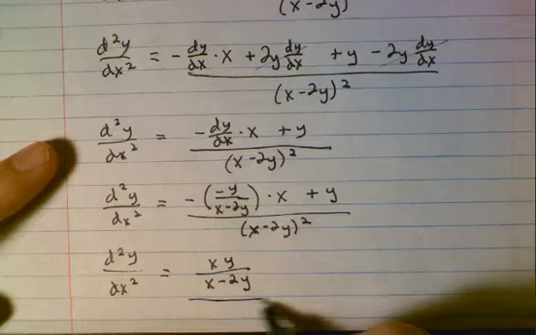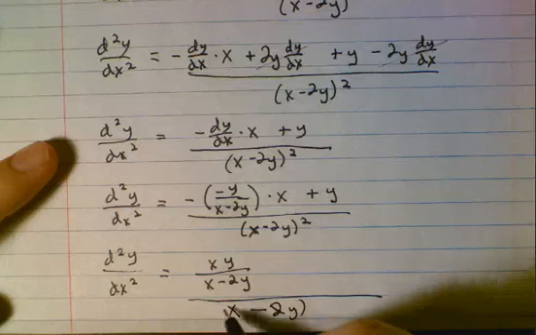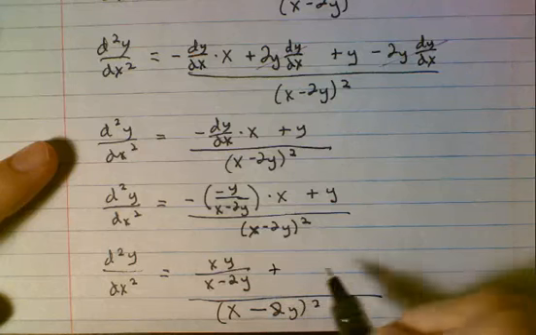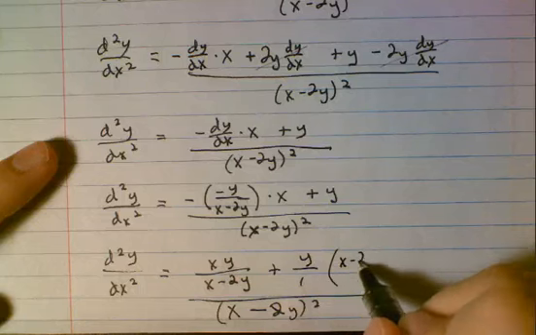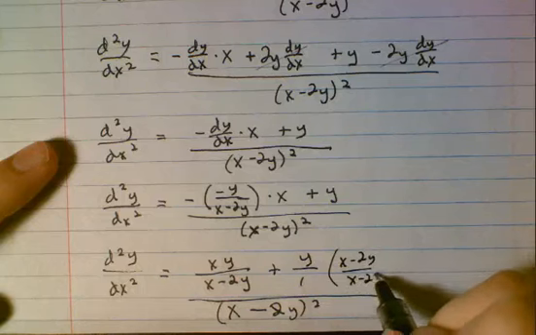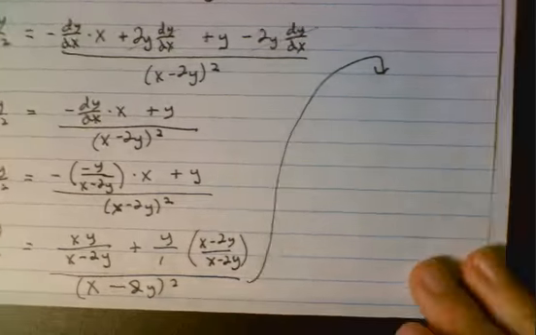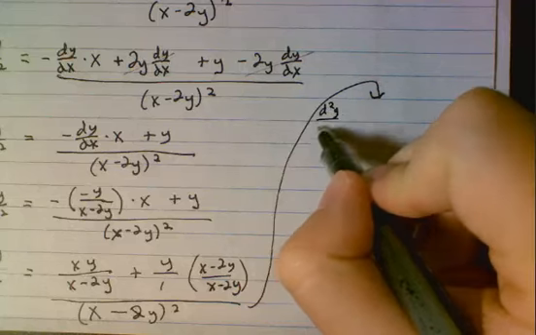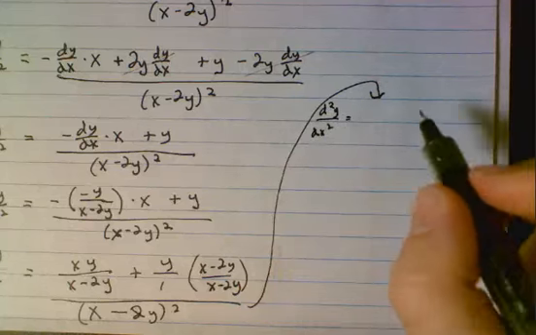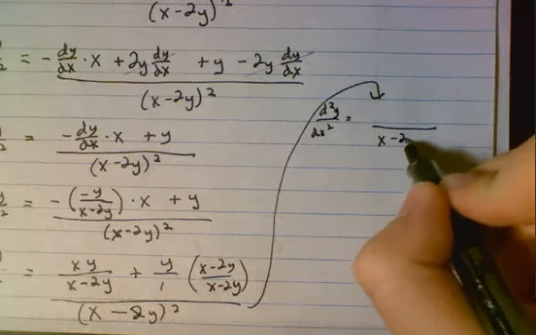And then to simplify this completely, let's get some common denominators here. Okay, I'm going to have to bring this up because I'm out of room. So our common denominator up in the numerator is x minus 2y.